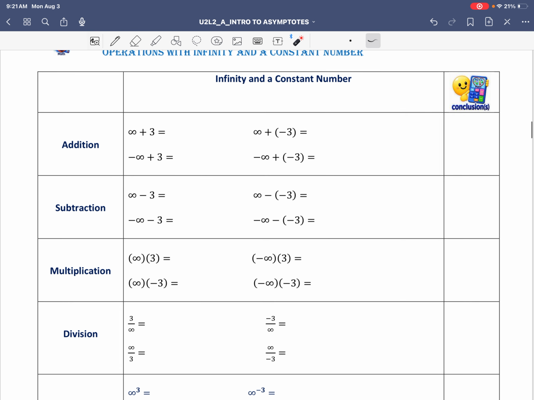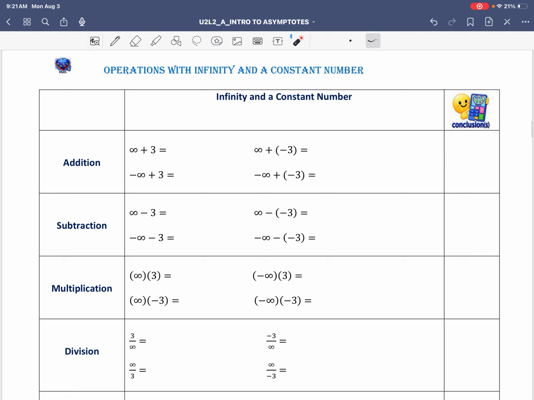Now, operations with infinity and a constant number. Again, we're going to use our imagination here a little bit. So if we have infinity, a very large number, and you add a positive, then you're going to get infinity. If we have infinity and you subtract a number, infinity will stay infinity.